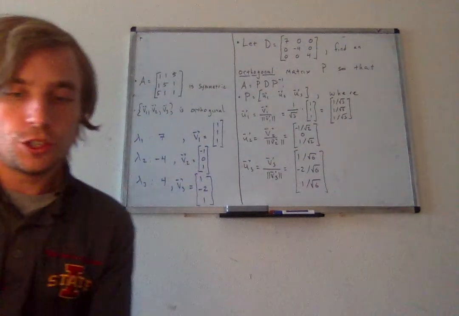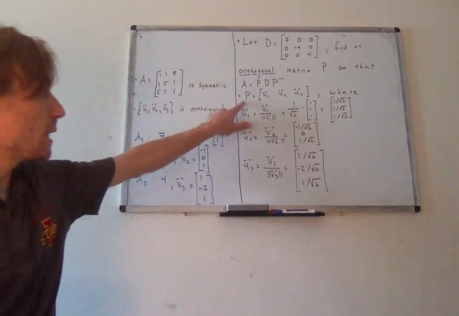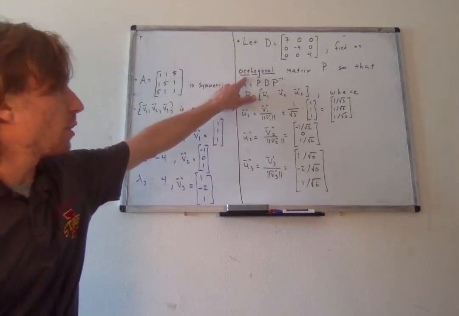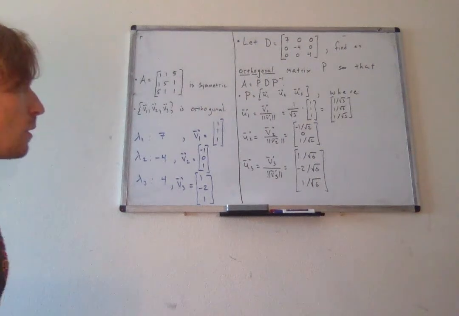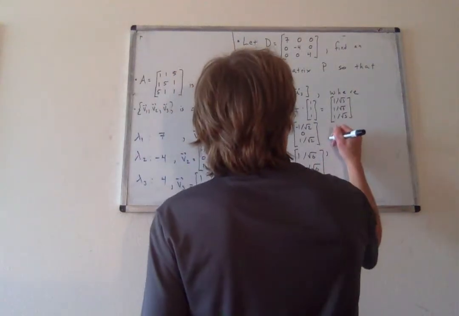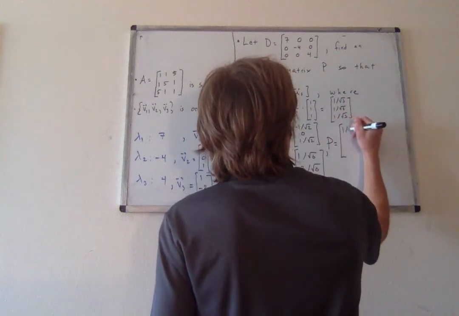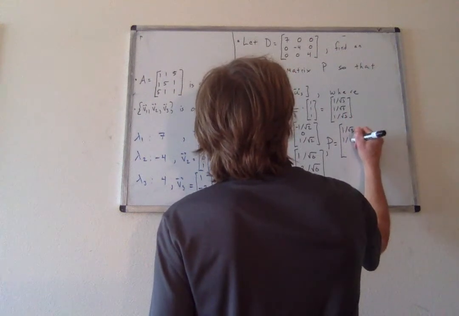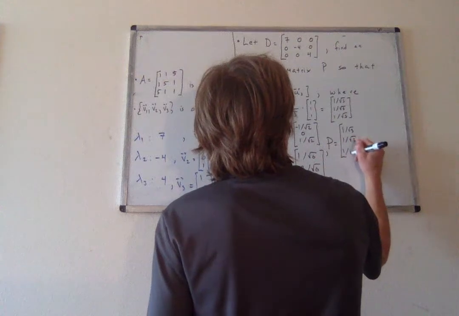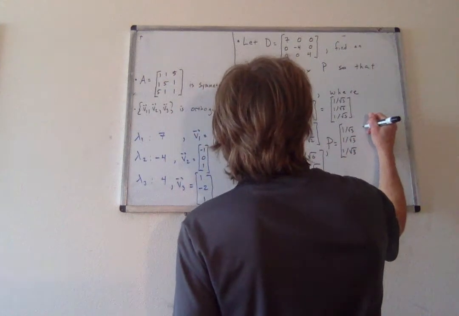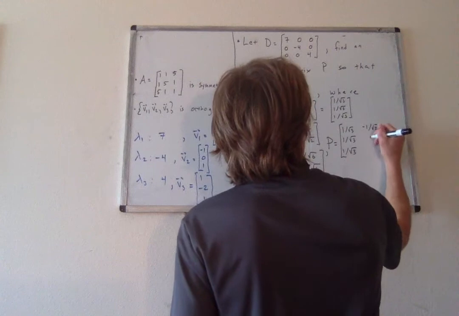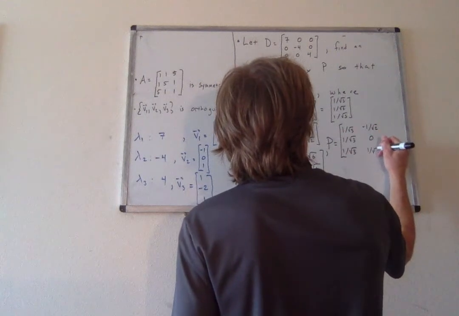So what we've just shown is that if P is this matrix, then P is orthogonal. And so P, we could say, is the matrix 1 over root 3, 1 over root 3, 1 over root 3, -1 over root 2, 0, 1 over root 2.